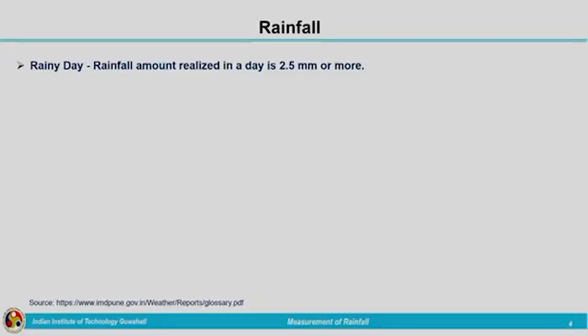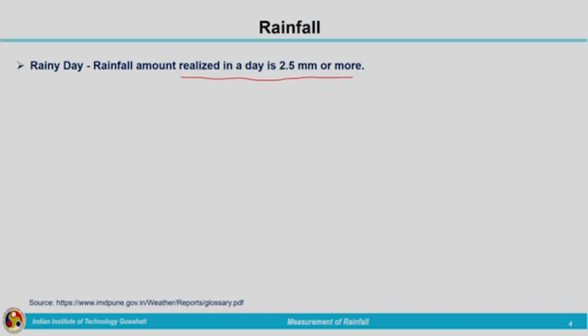Now, sometimes we will be telling we are experiencing heavy rain, very heavy rain. So, what is the classification for heavy rain or light rain, that we need to understand. According to IMD, the classification is like this: we will call a day a rainy day if the rainfall amount is around 2.5 millimeters or more.